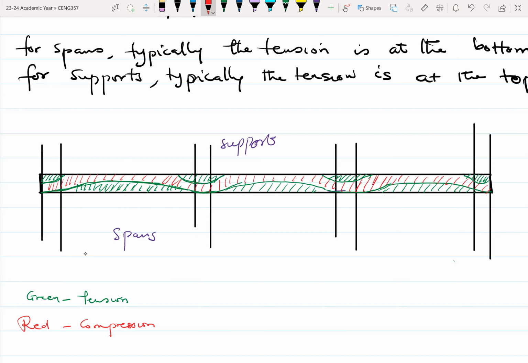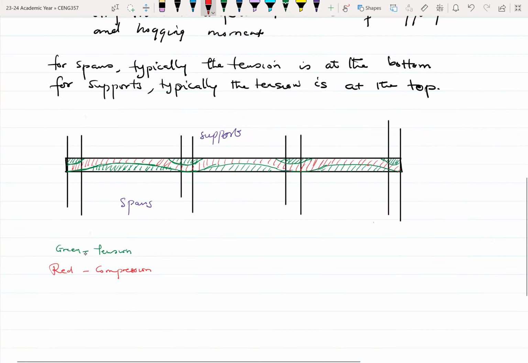So this is typically what happens in a continuous beam. There are certain portions which are in tension, certain portions which are in compression.